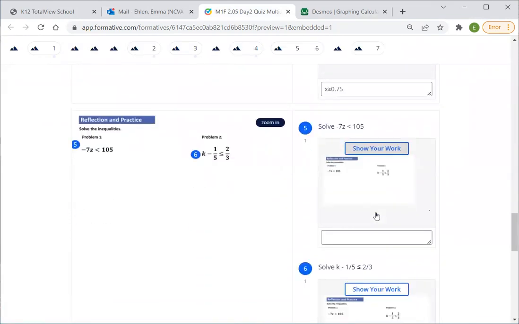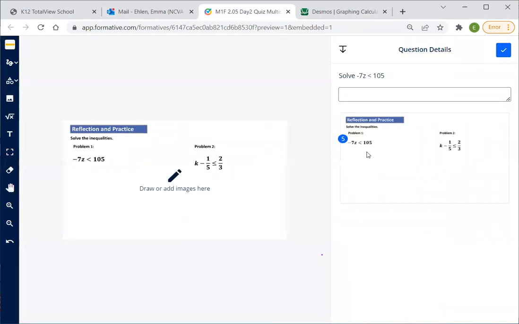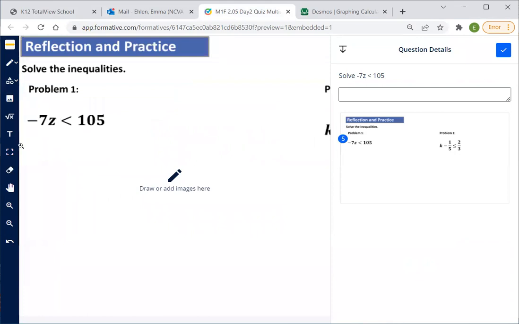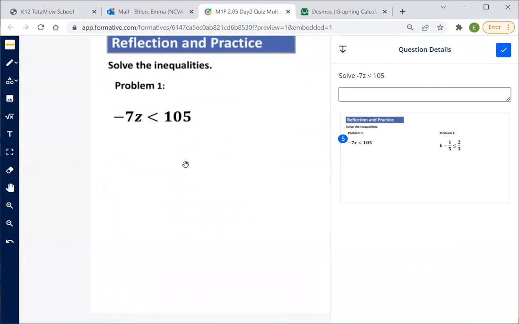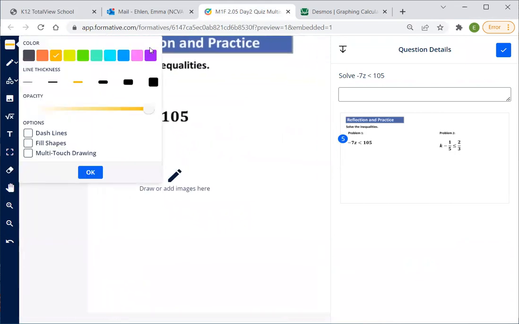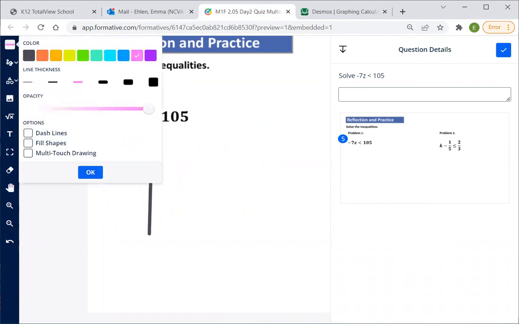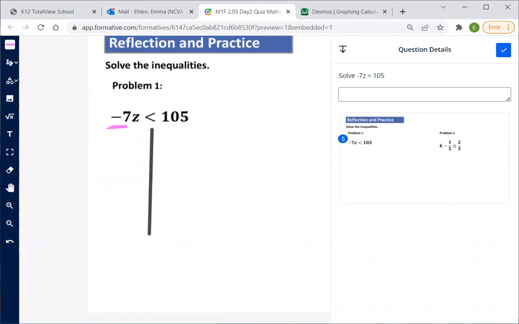Remember we got to look out for those special cases when we divide or multiply by a negative number. Looking at the next one here, we have -7z is less than 105. We need to divide by -7, and here is that special case.